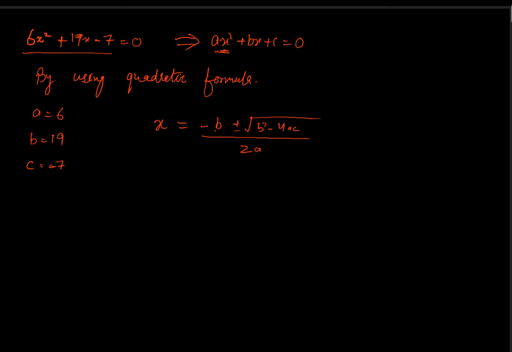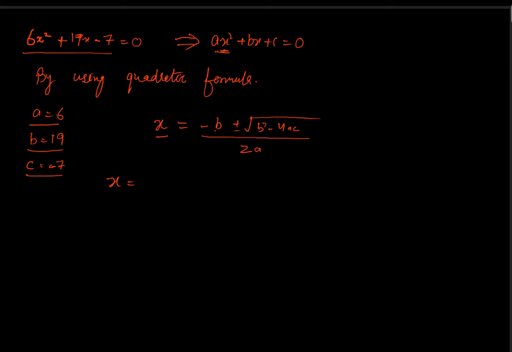We need only these three numbers to get the value of x. I first calculated the value of a, then b, then c. Now I will plug in the values of a, b, c in my quadratic formula so that I will get the values of x.